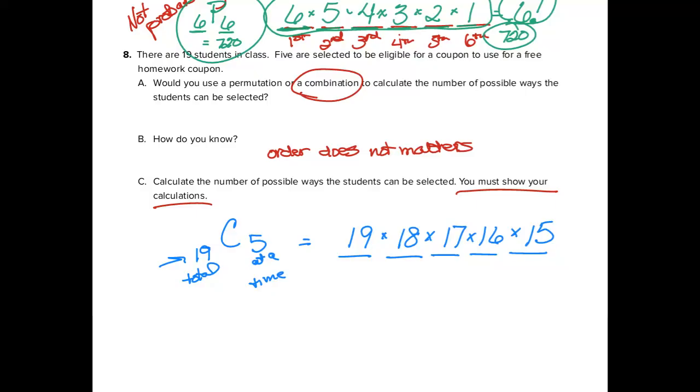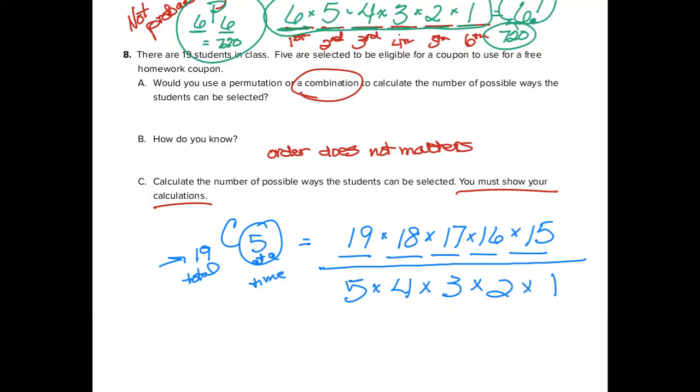But for the combination, you then take that number and divide it by 5 factorial, which is 5 times 4 times 3 times 2 times 1.